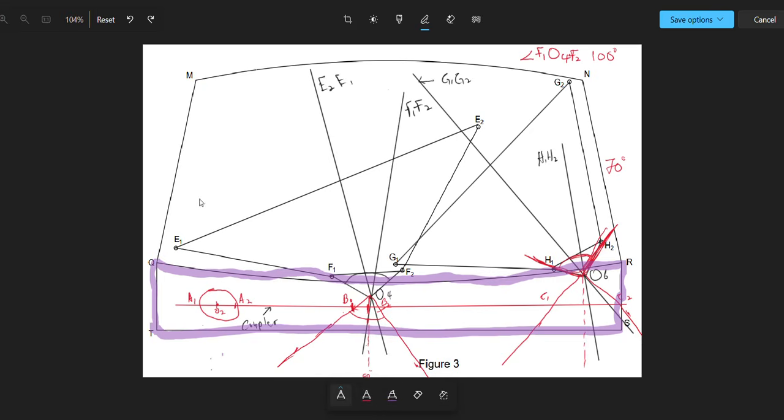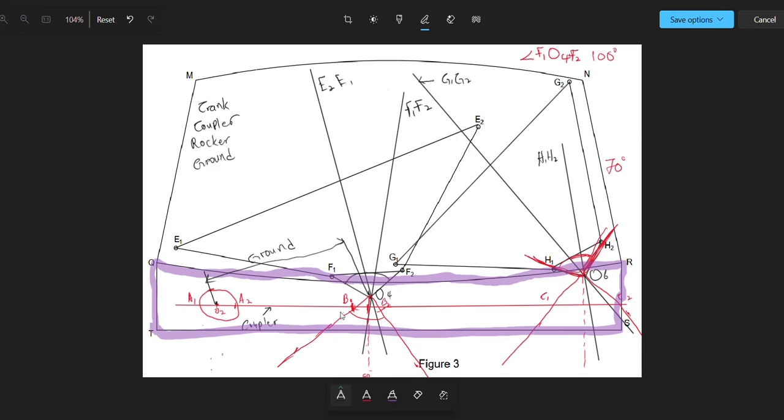Okay. So for Grashof, we need a crank, we need a coupler, we need a rocker, we need a ground. So the ground is from O2 to O4. This is the ground. The ground is from here to here, O2 to O4.